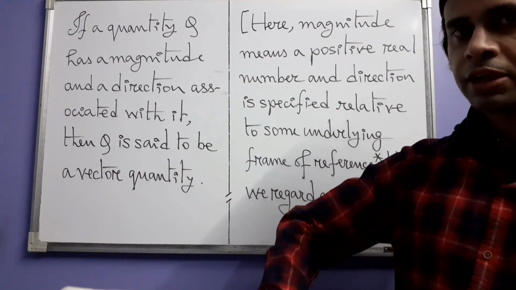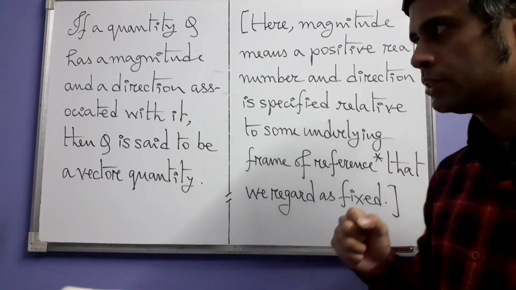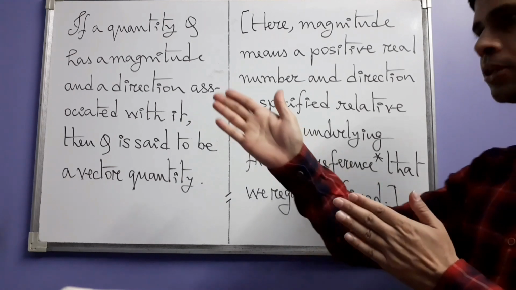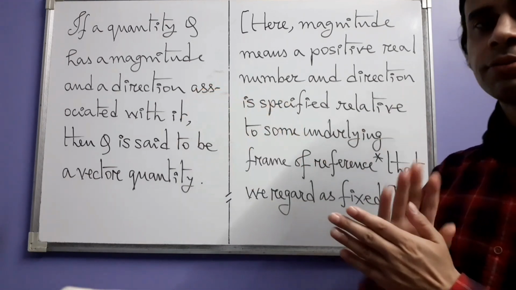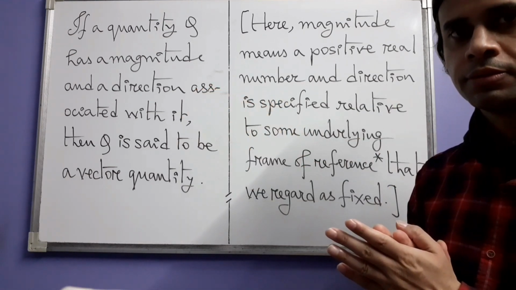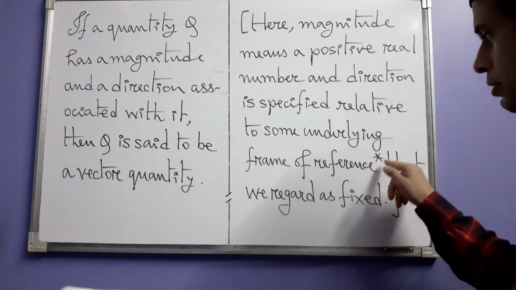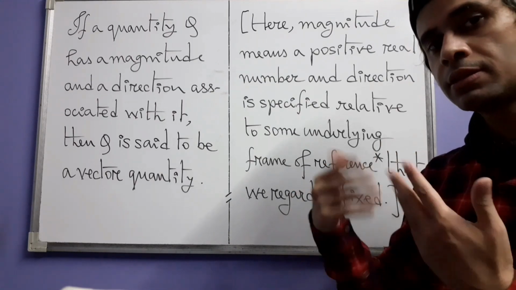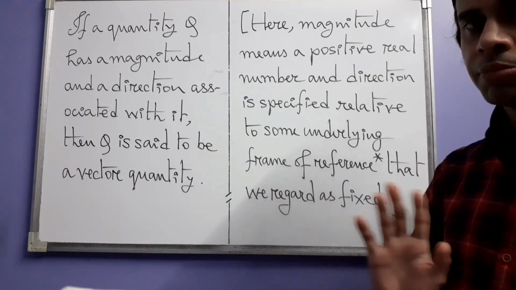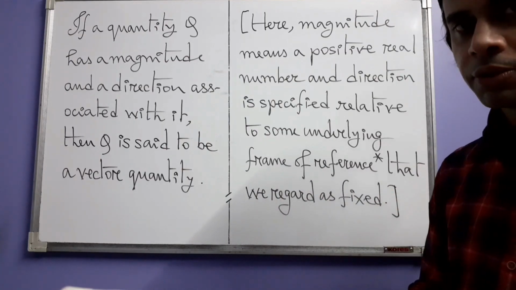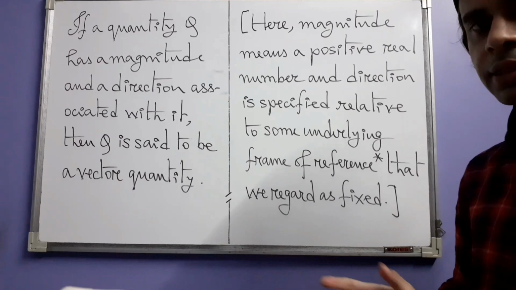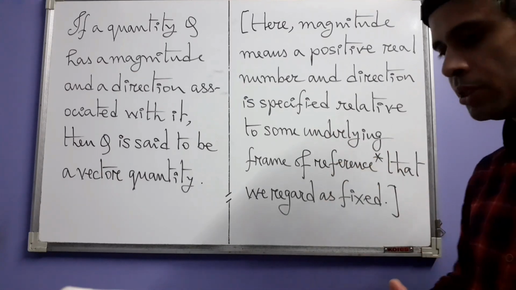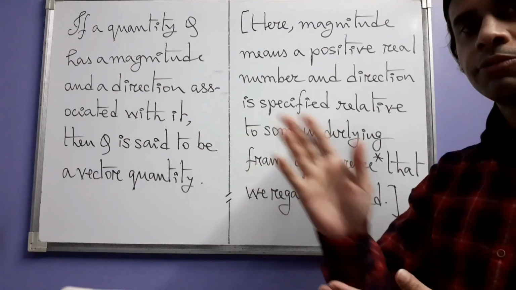It's there in the background and it's fixed, and with respect to that frame of reference we say what the direction of a vector quantity is. And there you see this star here because we are going to talk about frame of reference later on, more about what exactly a frame of reference is. We will discuss it. For now, you just know that there is something with respect to which we give the direction of a vector quantity.